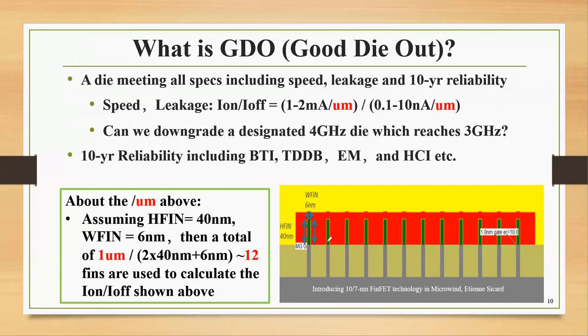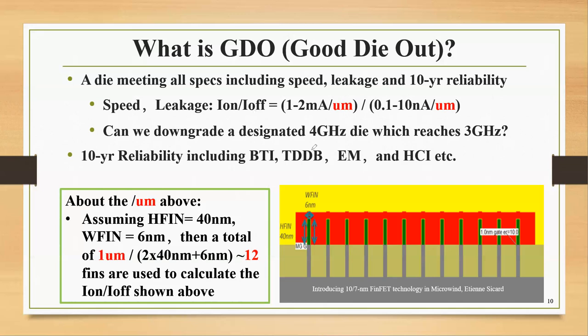And then, of course, you need 12 of them to come out with the equivalent of 1 micron in width. So that's what per micron means. You can use the same concept for planar devices. It's just the total of the devices that give you 1 micron in device width. That number of devices generates a certain current, and that's the number you're going to see: 1 or 2 milliamp for the I on, and 0.1 to 10 nanoamp for the I off.